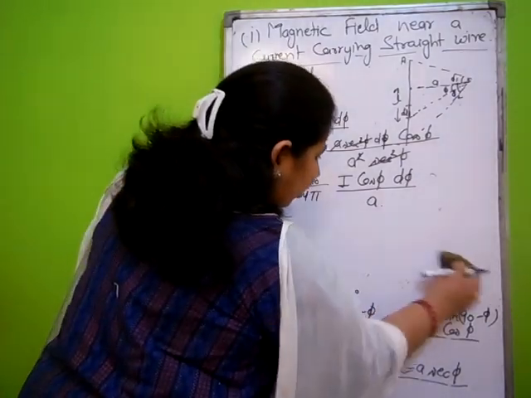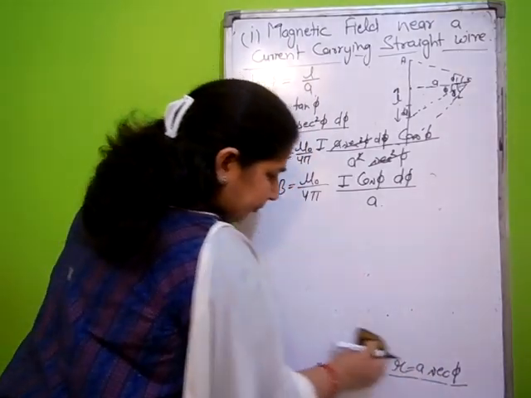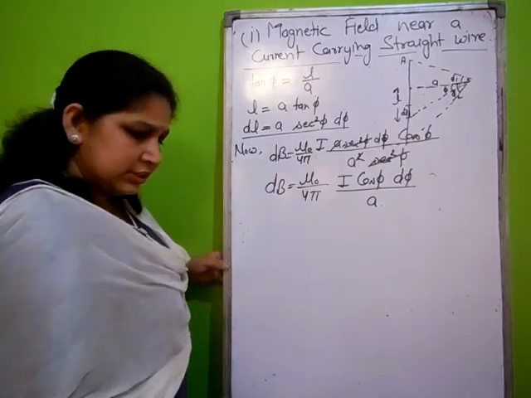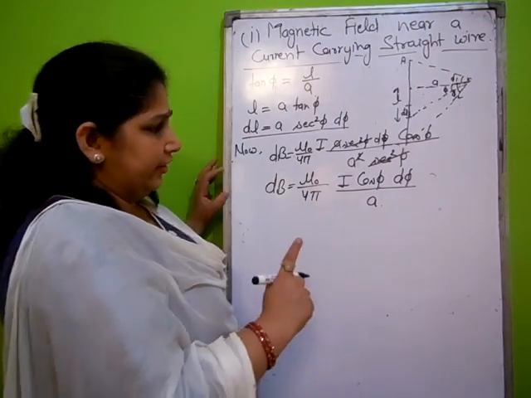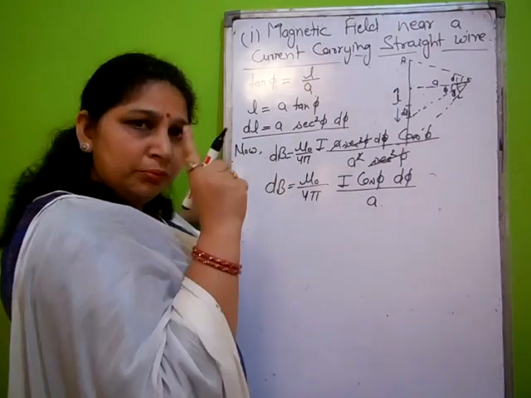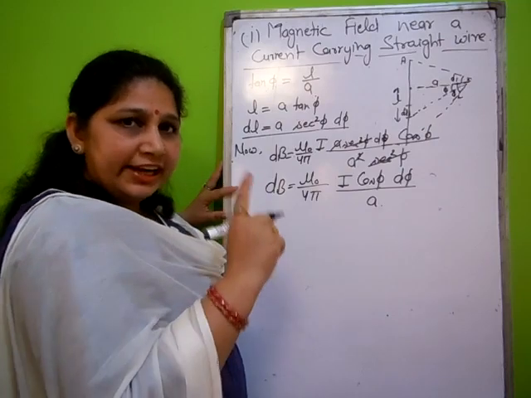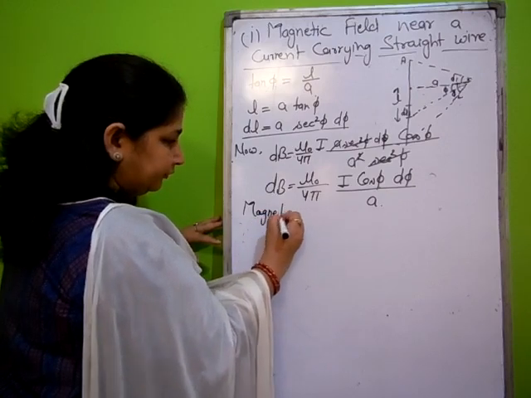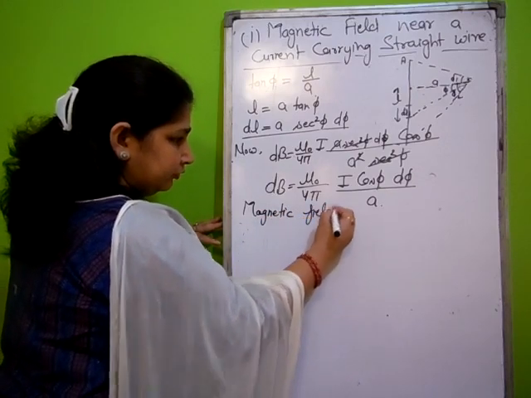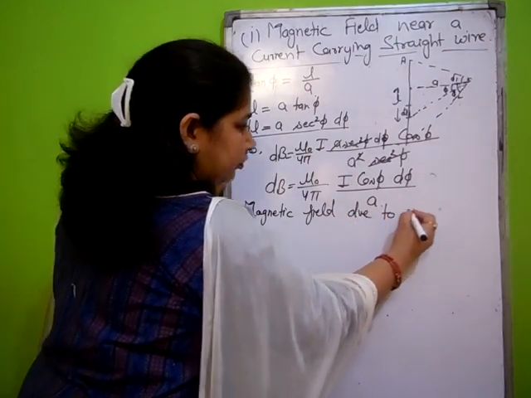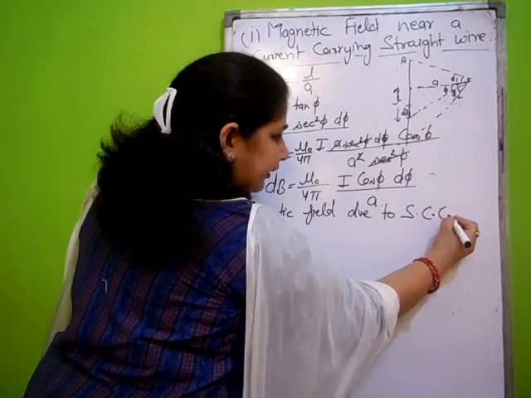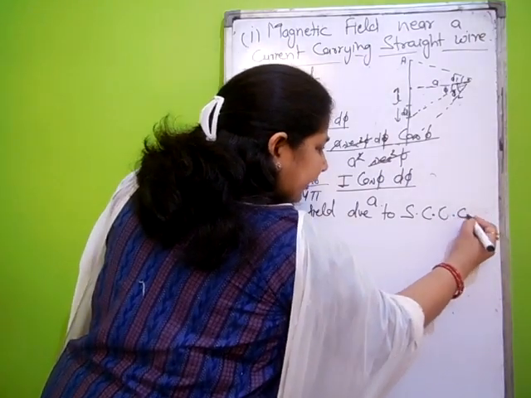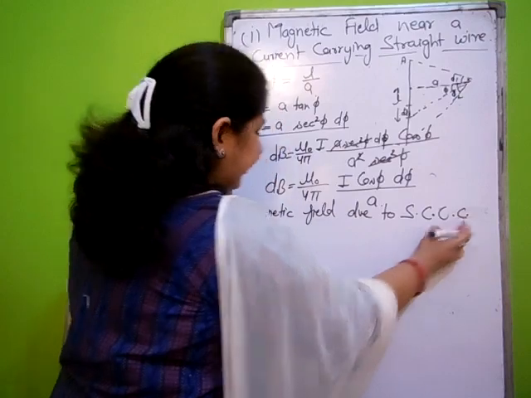Now this is for only a small current element, but we have to find out the magnetic field due to a straight current carrying wire. Then we will integrate to find the magnetic field due to a straight current carrying conductor.